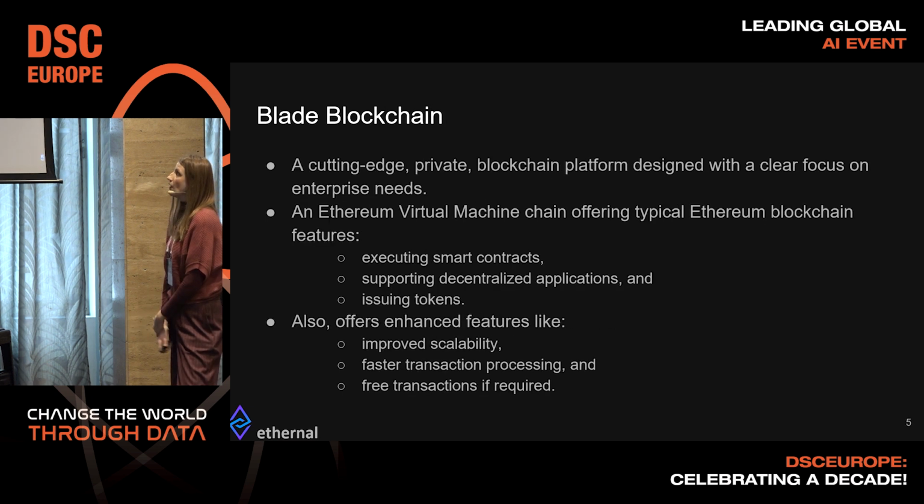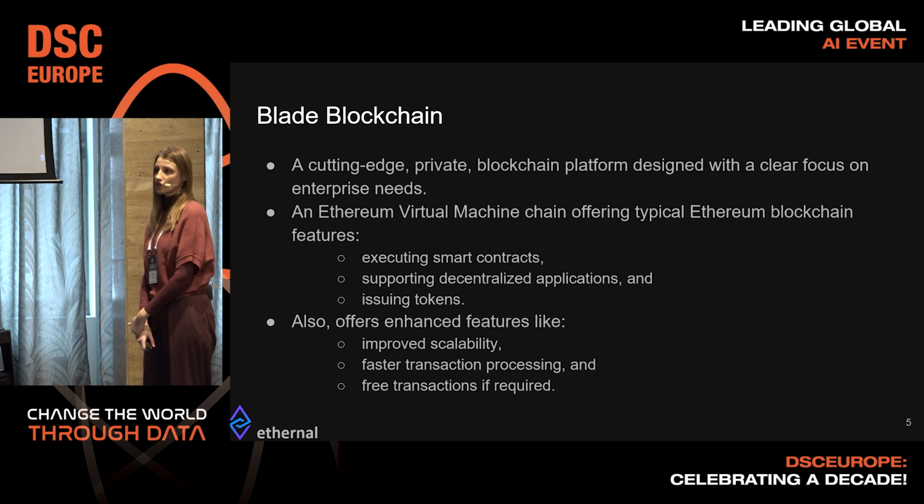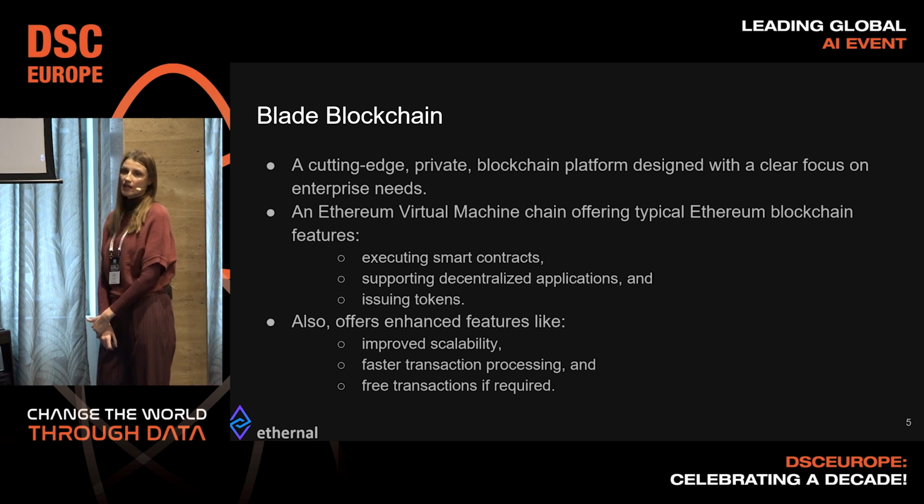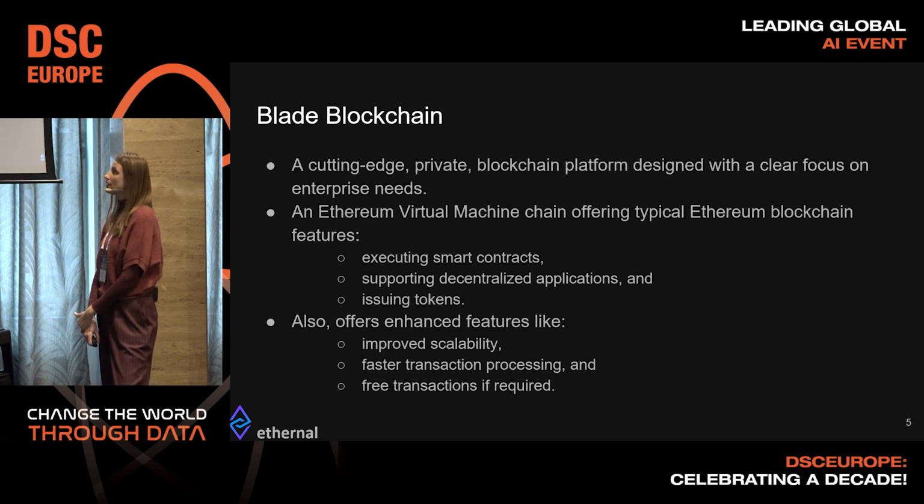On the other side, we have a Blade blockchain. This is Ethernal's product. We have released version 1 recently. This is basically a cutting-edge private blockchain platform which is designed with focus on enterprise systems and enterprise needs.